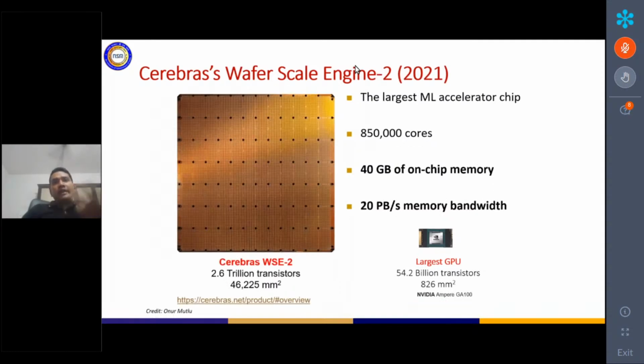Now, the next generation of this wafer scale engine was published in 2021, and that has 850,000 cores, and can deploy 40 GB of on-chip memory with 20 petabytes per second of memory bandwidth. So you can imagine how much memory it is employing.